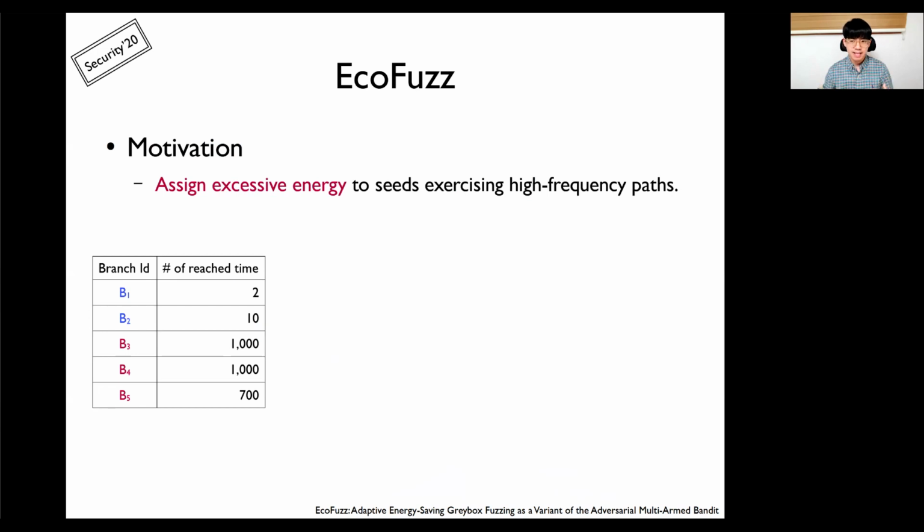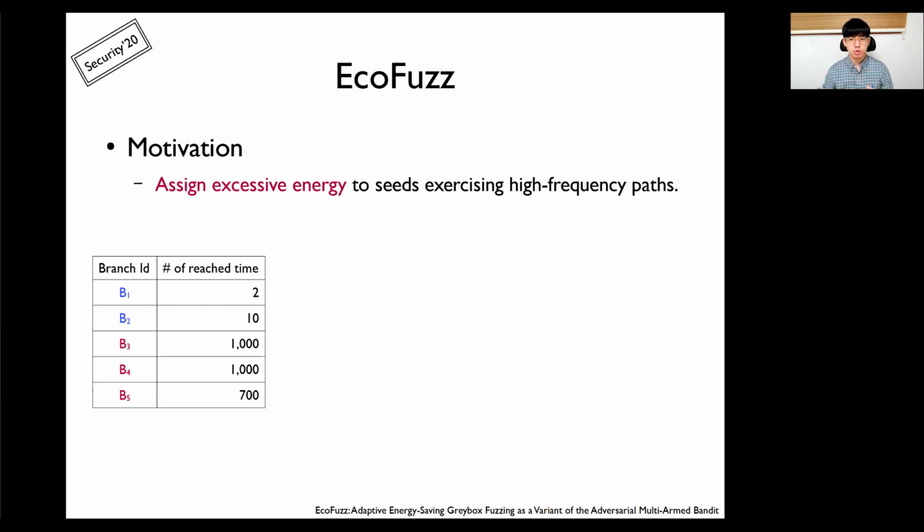The motivation is to avoid allocating too much energy to bad seeds in terms of code coverage. More specifically, a bad seed means that the mutants generated from that seed only cover frequently reached branches. For example, let's first look at the table on the left.